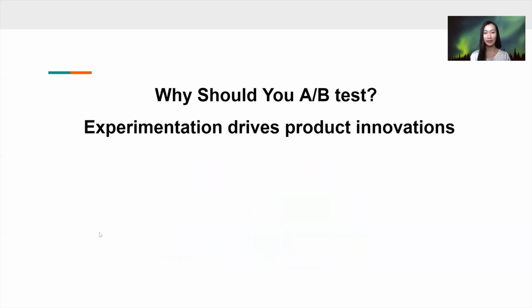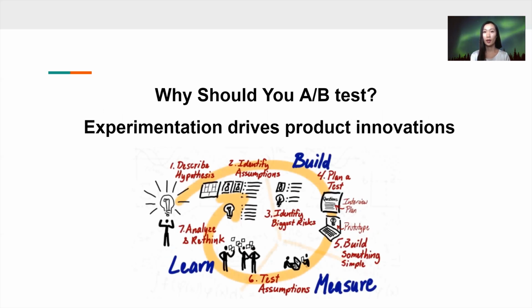Why should you A/B test in that case? Because A/B testing or experimentation drives product innovation. See, if you have a product, in order to compete and stay on top in your industry, you need to constantly improve and innovate your product. A/B testing is a vehicle for you to operationalize this innovation process. You can build a test with different variations of your web page.